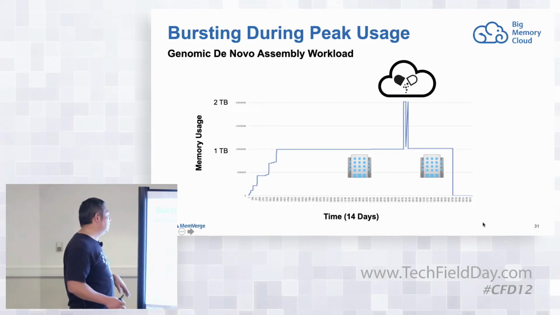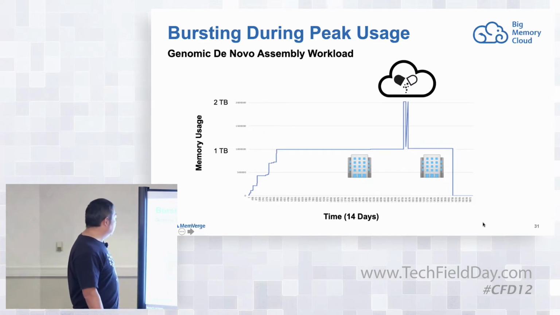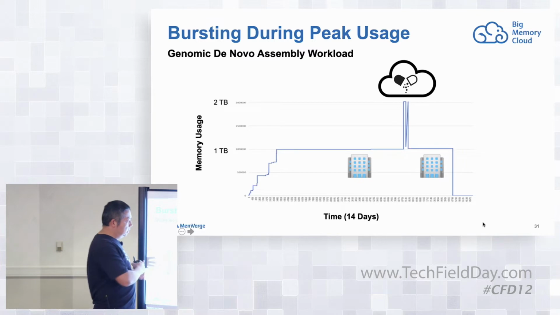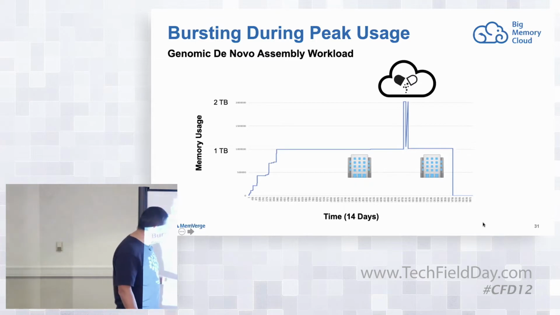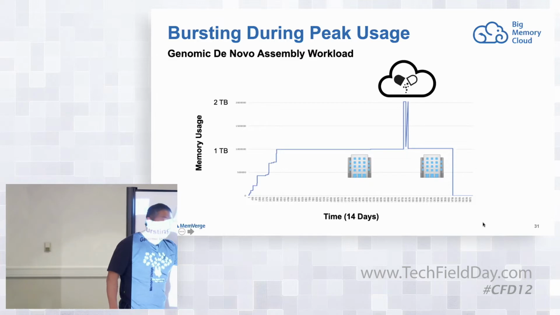What we did when we came in was we saw the profile, and instead of running the entire workload on a 2 terabyte capable machine, we took a snapshot. We ran this application on a relatively smaller 1 terabyte machine until right before it spiked.